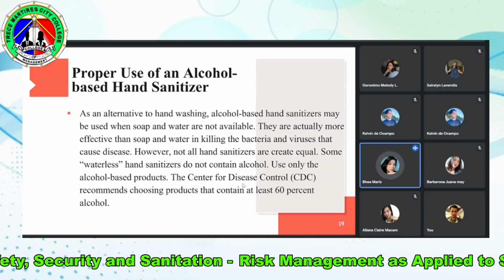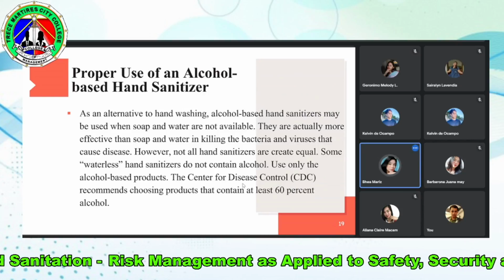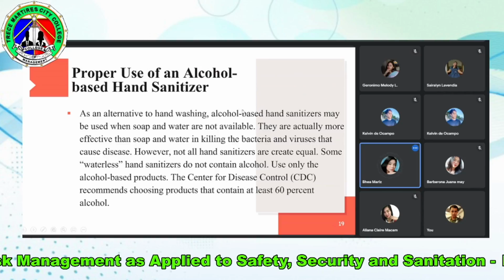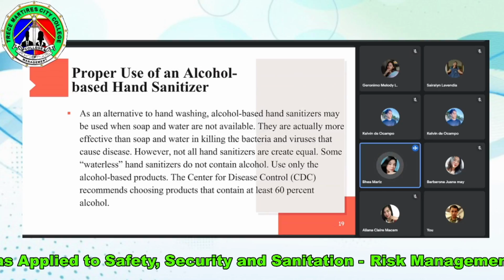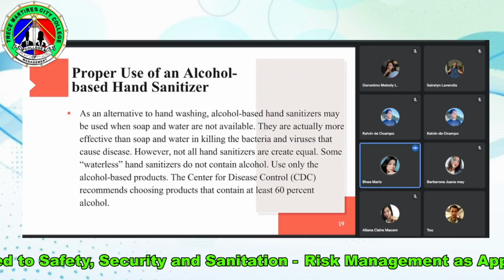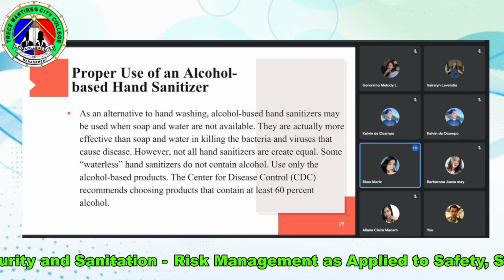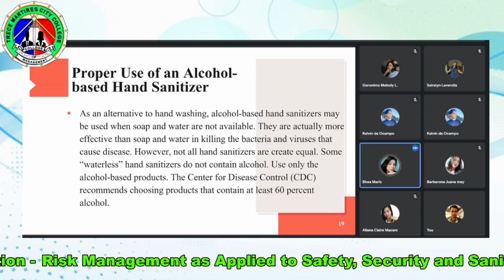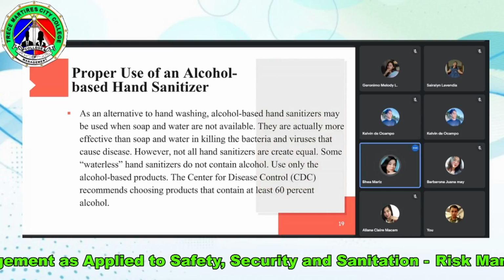These are the proper use of an alcohol-based hand sanitizer. Base po dito, as an alternative to hand washing, alcohol-based hand sanitizers may be used when soap and water are not available. They are actually more effective than soap and water in killing the bacteria and viruses that cause disease.